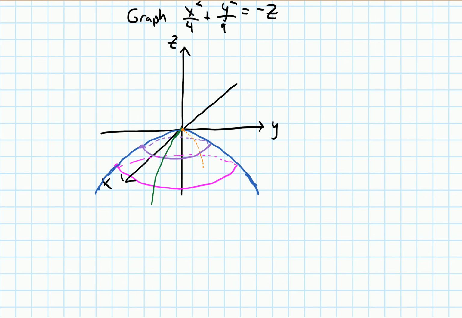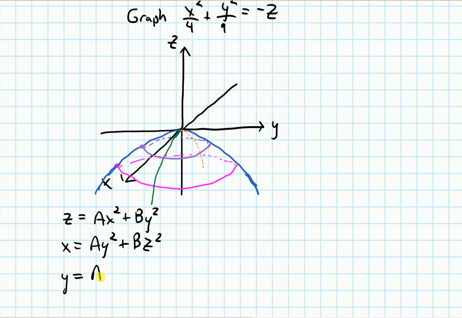Okay, so in general, the equation of one of these looks like z equals ax squared plus by squared. Or we could switch the roles of the z and the x and the y, and we could have something like x equals ay squared plus bz squared. Or we could have a y by itself and get y equals ax squared plus bz squared.